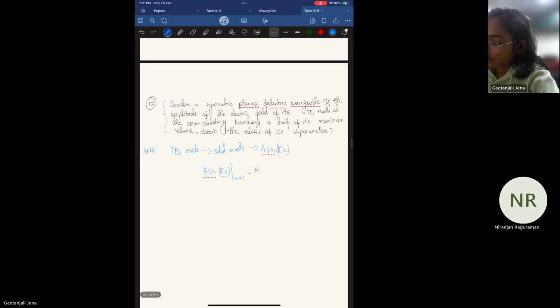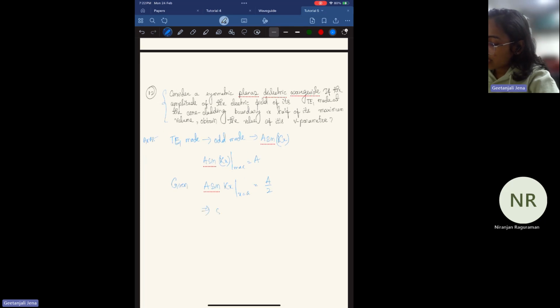And it is given that A sin kappa x at x equal to a is half of its field value at the maximum. So this gives sin kappa a is half. So you can easily guess kappa a now will be pi by 6, right? You can easily guess it will be pi by 6, but it is not the answer. This is the incorrect answer.